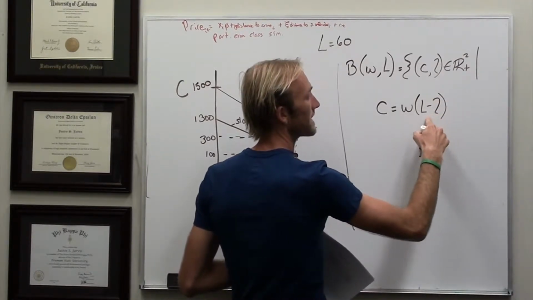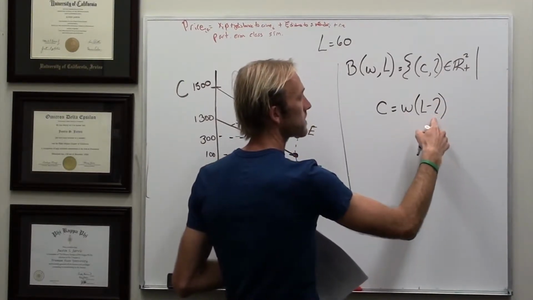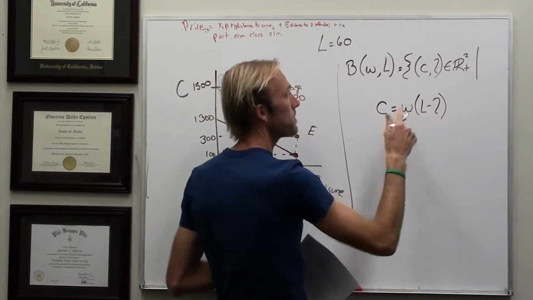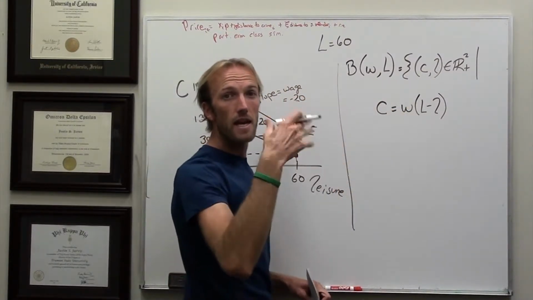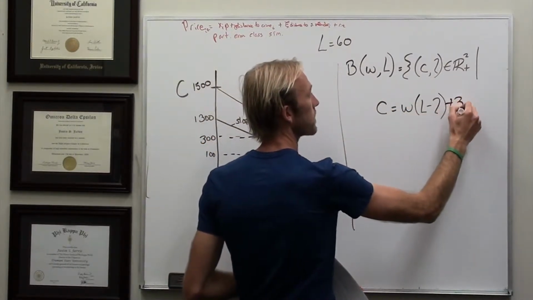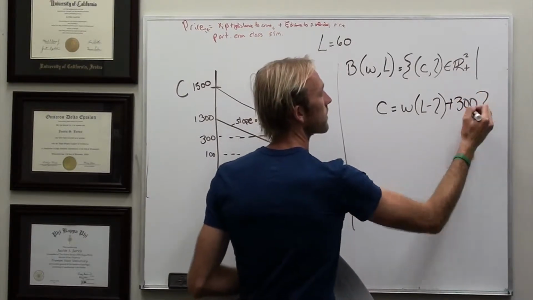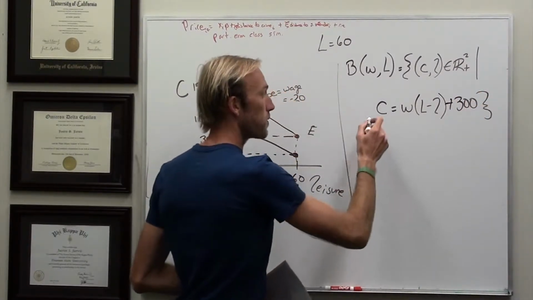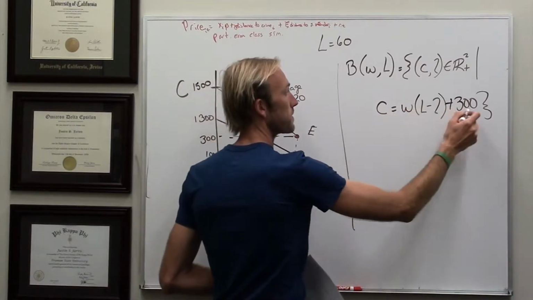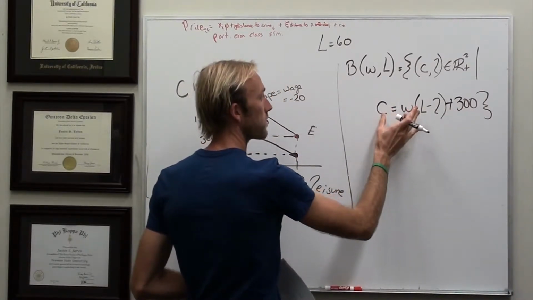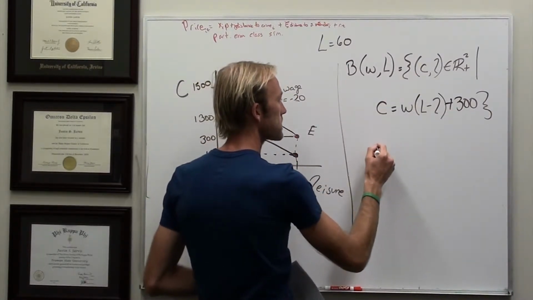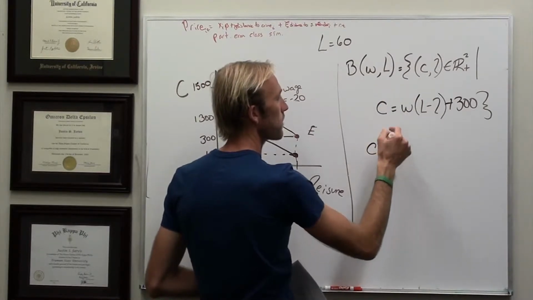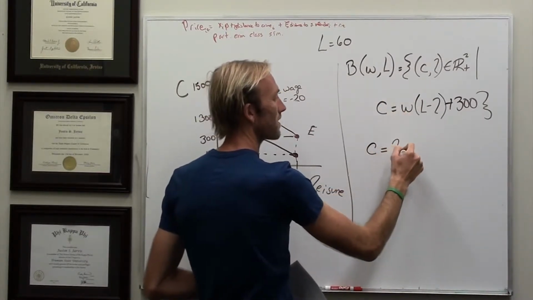This term right here is how many labor hours. So wage times my labor hours, that's my amount of labor income. Usually we've been leaving it there. Now we have this additional $300. Okay? This part I want you to keep simplifying a little bit more, so I'm just going to rewrite this part instead of rewriting the whole thing. So consumption is equal to, well, I actually know my wage is $20 an hour.